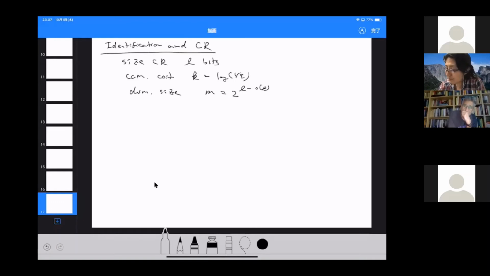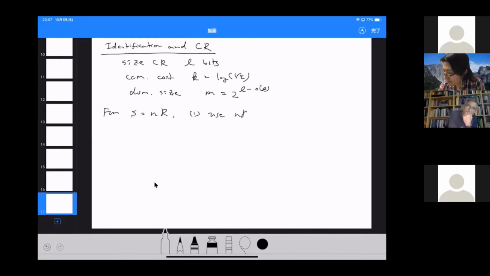So for the imperfect randomness case, for communication cost NR, first we use NR minus k bits for creating common randomness.